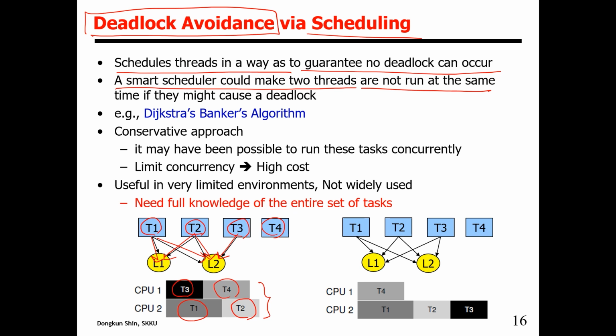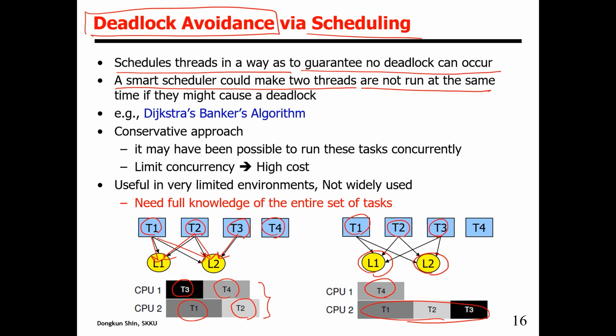For another example, T1, T2, and T3, the three threads, access both locks, so there can be deadlock. So in this case, the three tasks are sequentially scheduled, but T4 can be concurrently scheduled with T1. So this task scheduling can avoid deadlock.